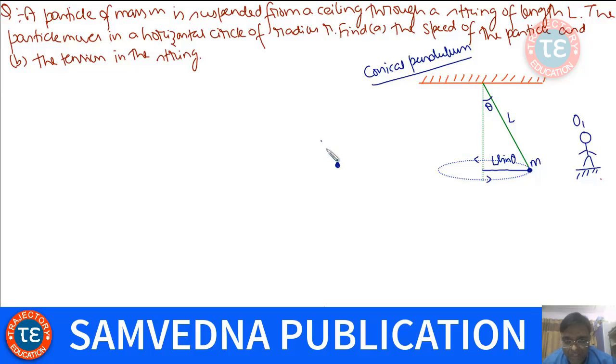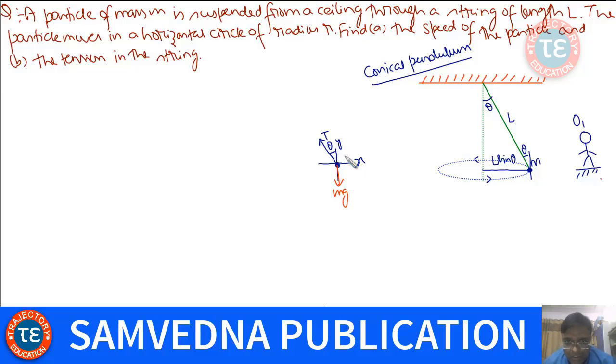Forces acting are tension T, at angle theta. I take this coordinate system x and y. And you have force mg, right? Anything else? No. This is the only force acting.